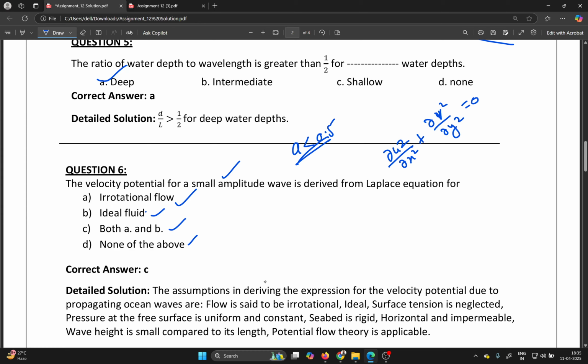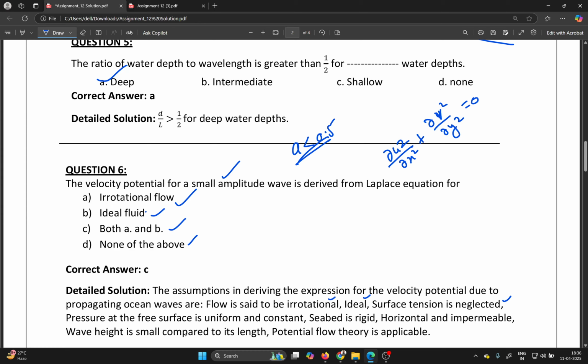The assumptions for deriving the expression for velocity potential due to propagation of ocean waves are: flow is irrotational and ideal, surface tension is neglected, and the pressure at the free surface is uniform and constant. Seabed is rigid, horizontal and impermeable.